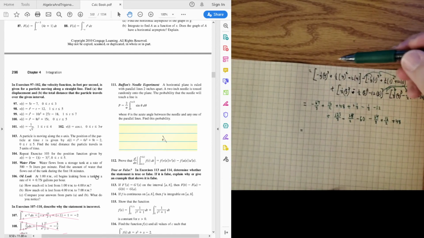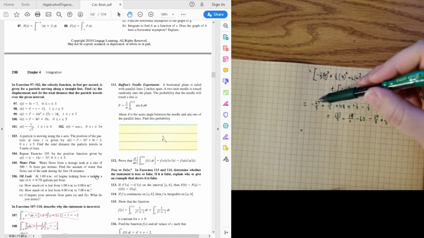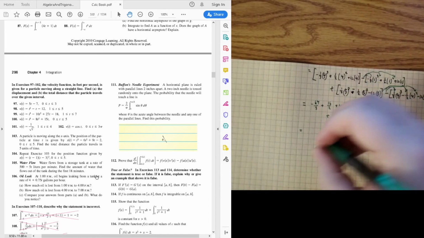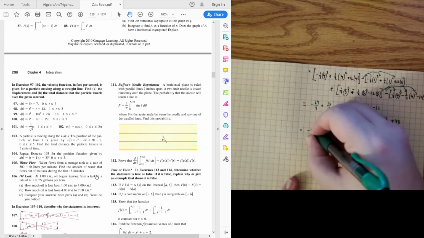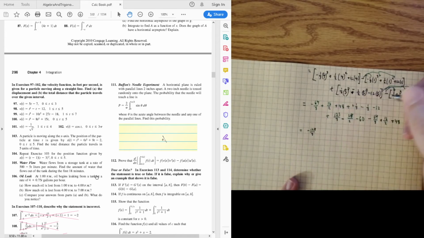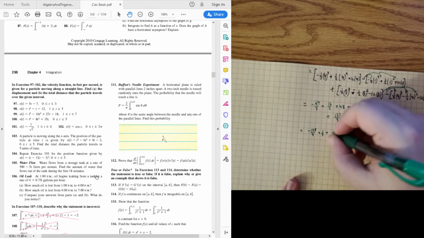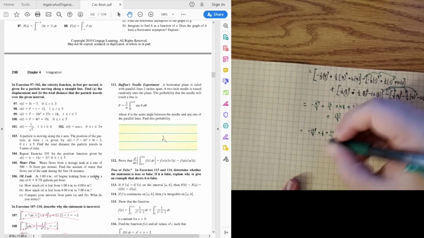Okay, let's take our pieces one at a time. We have negative 64 over 3, another negative 64 over 3. That becomes negative 128 over 3. We have a positive 1 over 3 and a positive 125 over 3.